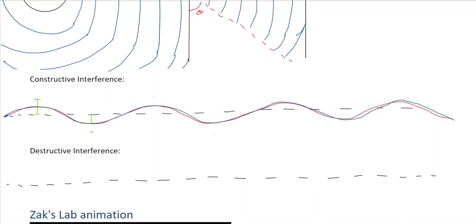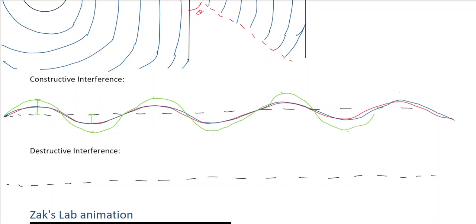So if we can roughly double them, we would be at roughly this point. So we're going to have a bigger max, a smaller min, a bigger max, a smaller minimum, a bigger max.